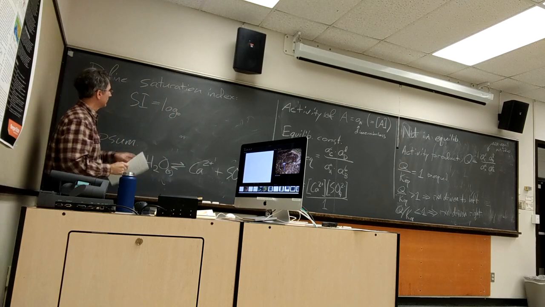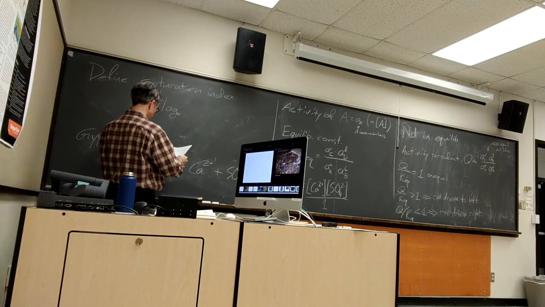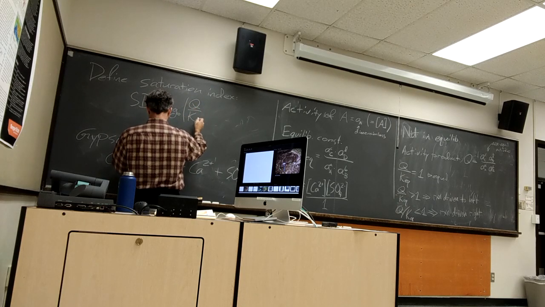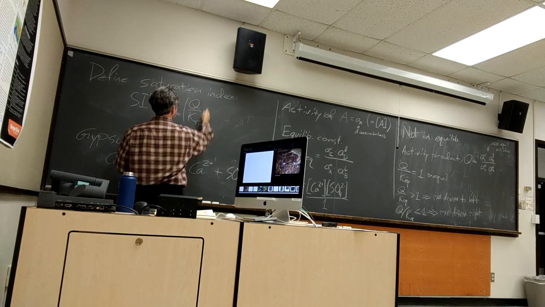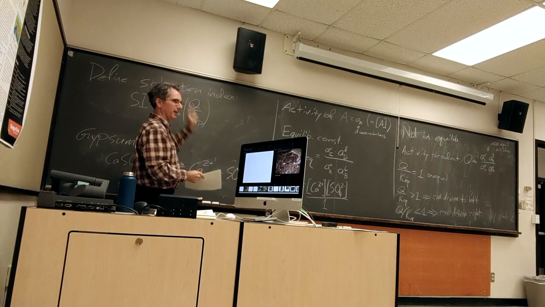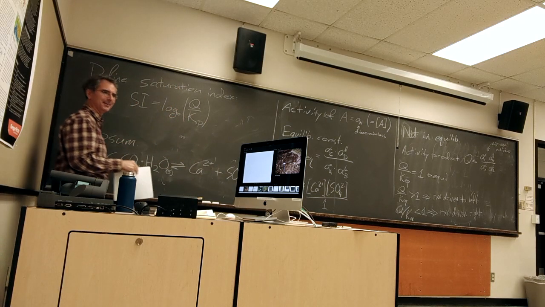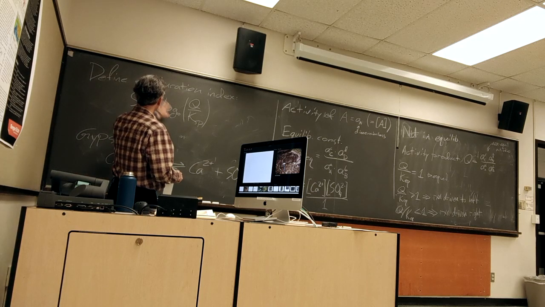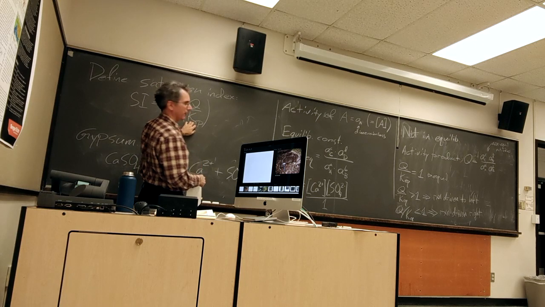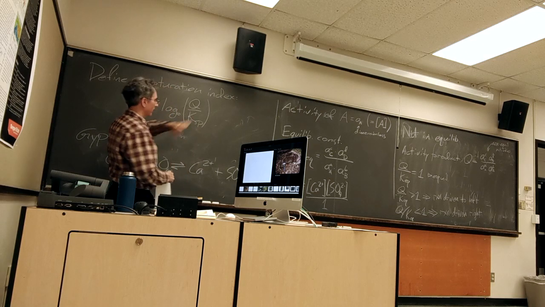Having the 10 here is kind of redundant notation, but just to be absolutely clear, of this ratio Q over KSP, written as SP here. The book goes back and forth between KSP and KEQ, and I think that's why my notes go back and forth between the two as well. But if we're dealing with saturation, then we are dealing with a solubility product. Q is a more general thing.